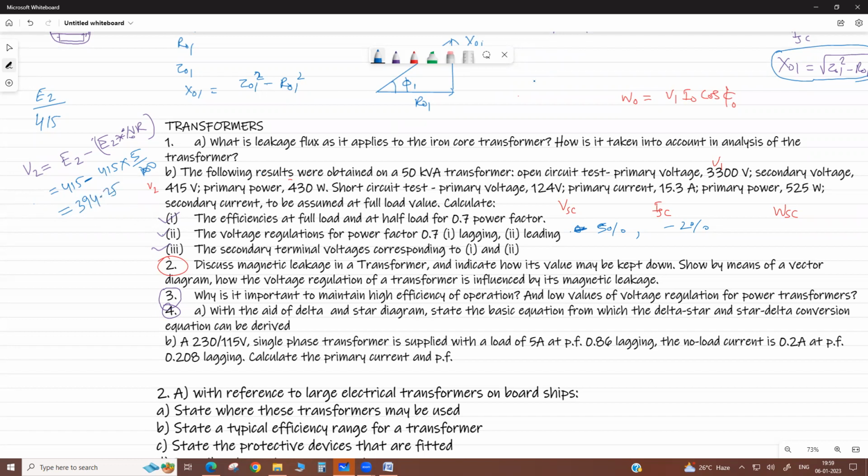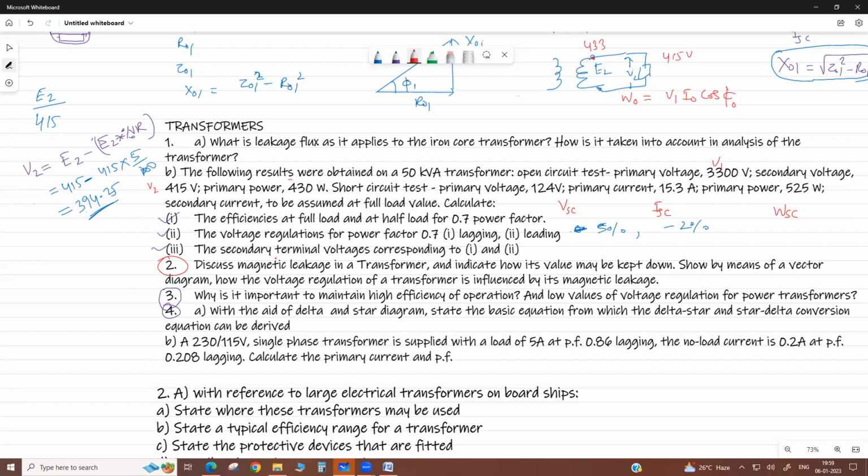So what is it saying? Suppose this is your transformer. When there is a load, V2 is here, and E2 we assume is 415 volts. Then V2 becomes about 394 volts. That's why we put the secondary no load voltage as 433 volts, so that after the drop we get a terminal voltage of 415 volts.